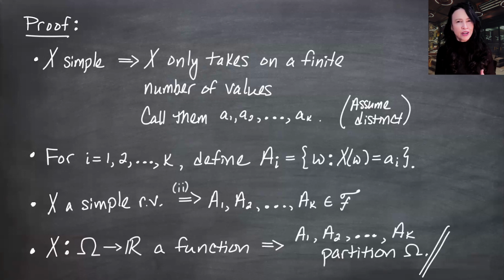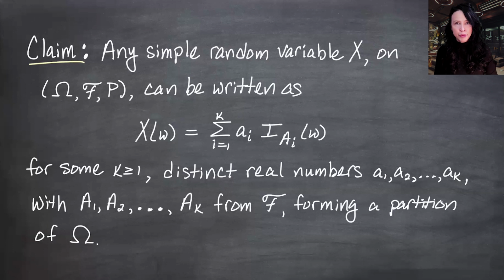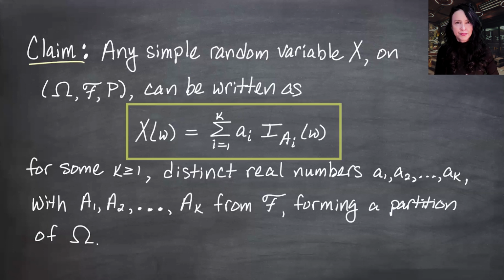So starting with the assumption of just a simple random variable and saying, okay, it has to take on some number of values, and here they are, we have found the sets to write it as that indicator expression that we saw on the previous slide. So again, the point of this is any simple random variable can be written in this form.